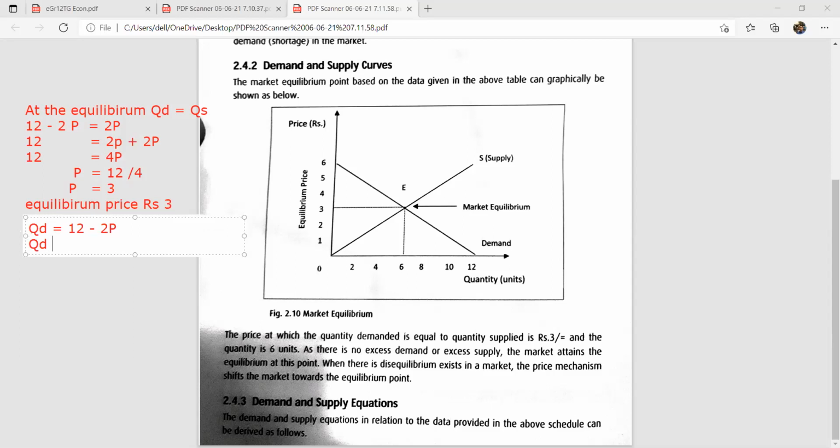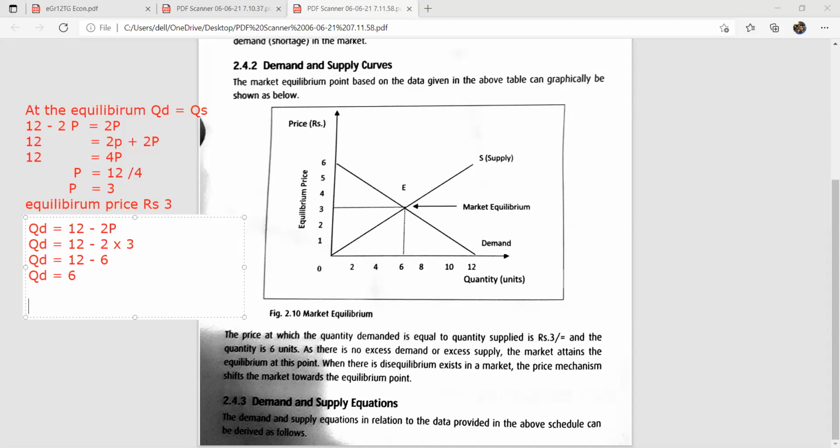Right now, I'll use the demand equation, minus 2 into 3. So the QD equals 12 minus 6. QD equals 6. Right.